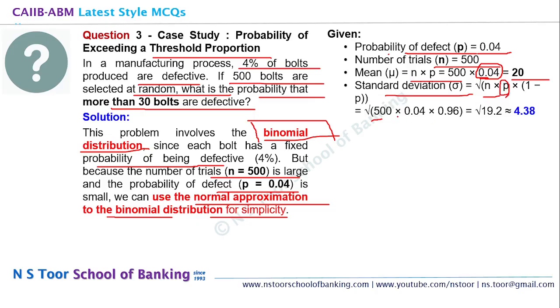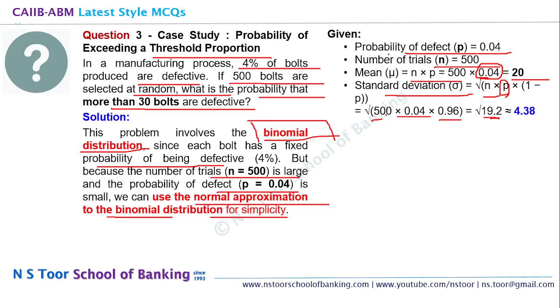So it is 0.04 and into 1 minus p. What is p? P is equal to 0.04. So 1 minus p is equal to 0.96. So we have to find out the multiplication of these three. So 500 into 0.04 into 0.96, the answer is 19.2.